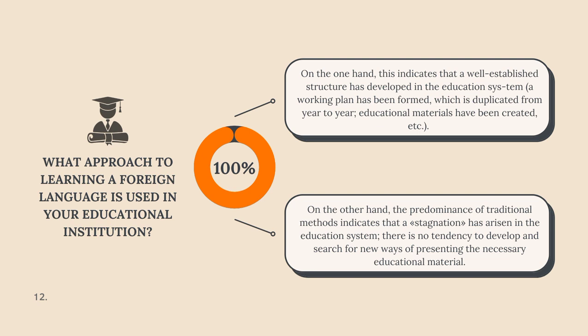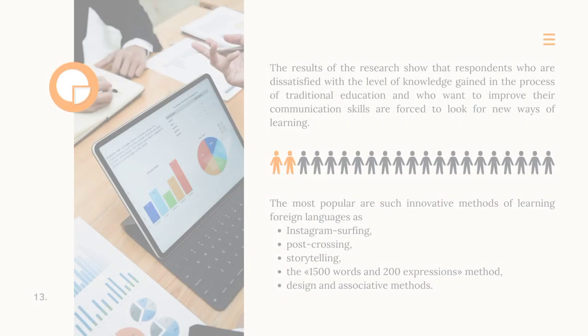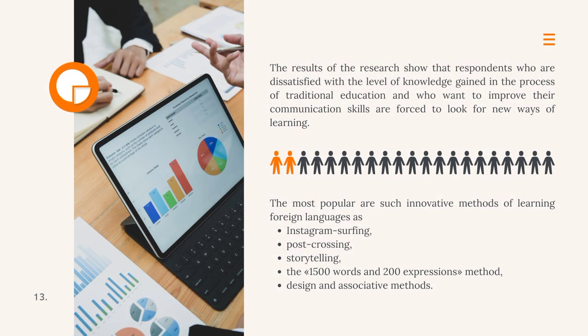This provokes an unsatisfactory attitude on the part of students and, as a result, reduced academic performance. The results of the research show that respondents who are dissatisfied with the level of knowledge gained in the process of traditional education and who want to improve their communication skills are forced to look for new ways of learning. This requires additional time and financial cost.